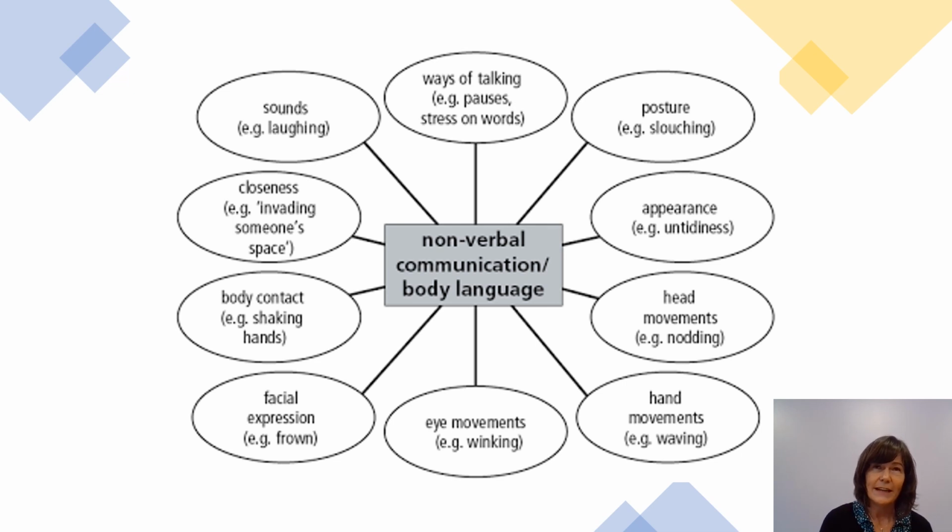If somebody looks really untidy, unkempt looking, then again, you're not going to be so keen to talk to them. Smell can come into this as well. Some children have a very sensitive sense of smell, and strong perfumes or strong deodorants can really put them off talking to somebody, or a bad body odor too.